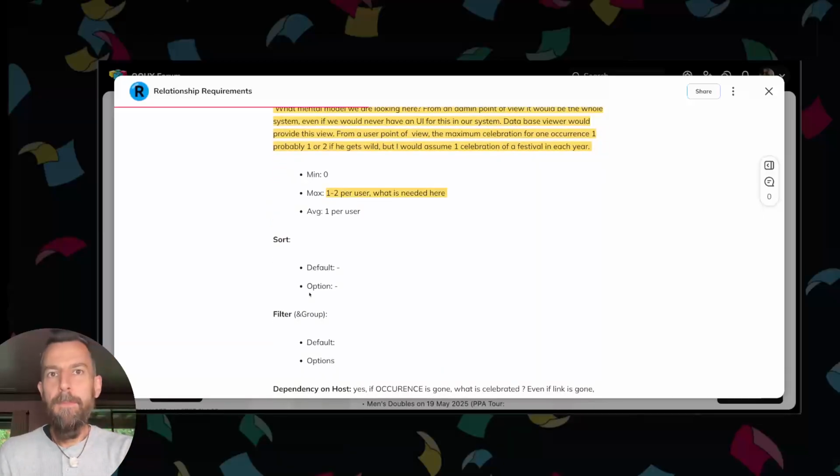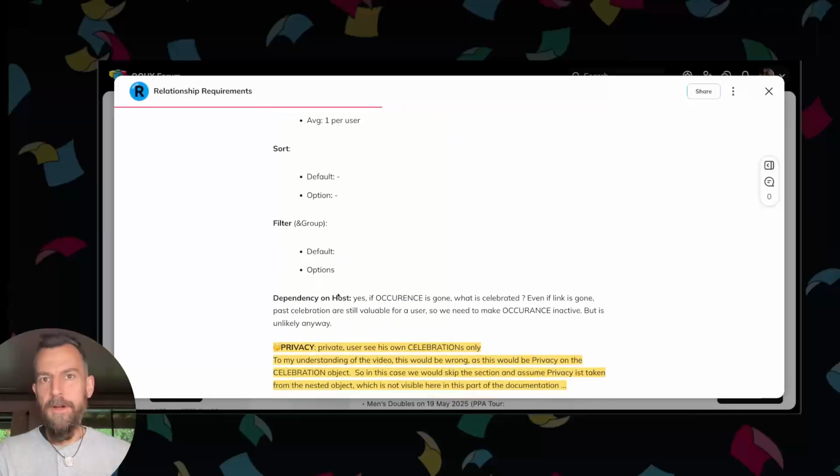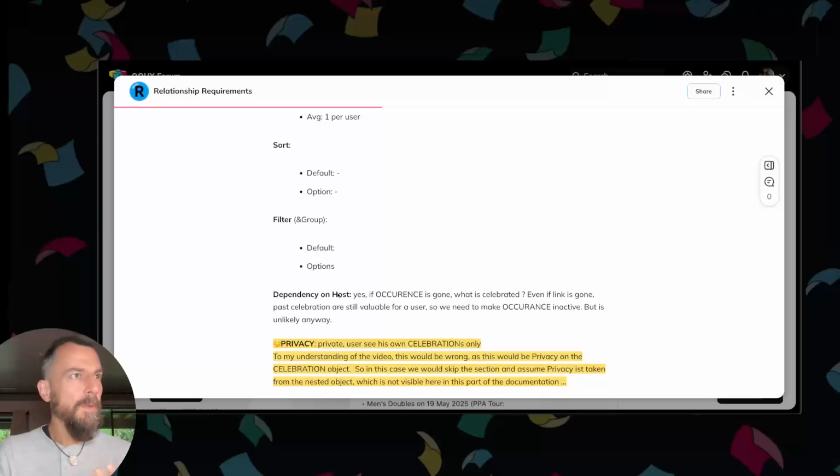Then it would become important for an admin on this screen to be able to sort, to filter, and to group. That's not typically something I would do, but I know that this will be a question that needs to be answered.